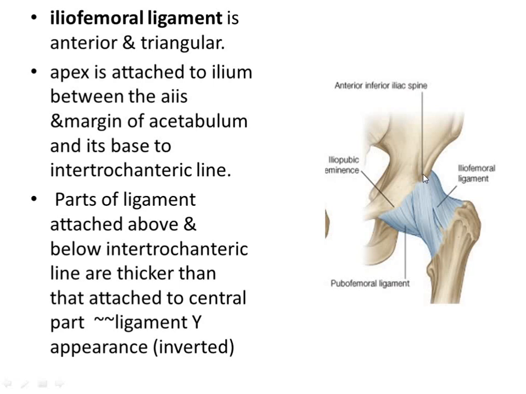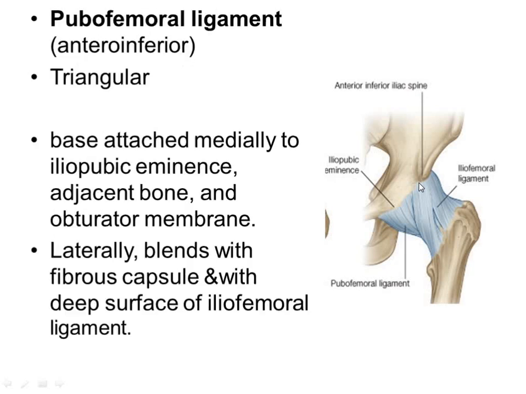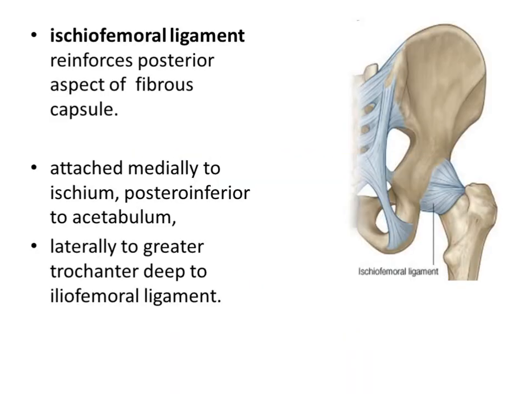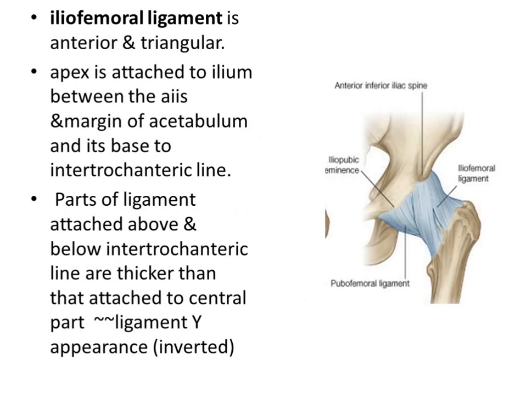So the apex is attached to the anterior inferior iliac spine and to the margin of the acetabulum close to it, and the base goes anteriorly to the intertrochanteric line, on the anterior aspect of the femur between the greater and lesser trochanters.